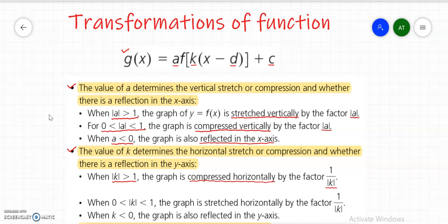When the absolute value of k is between 0 and 1, the graph is stretched horizontally by a factor of 1 by the absolute value of k. And when k is negative, there is a reflection in the y-axis. Again, the k value deals with the horizontal stretch, horizontal compression and reflection in the y-axis.